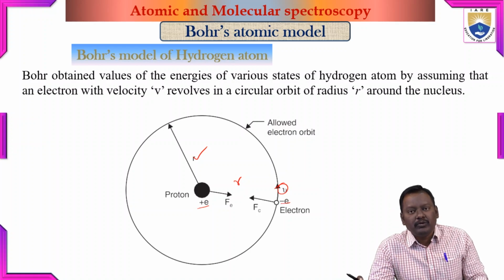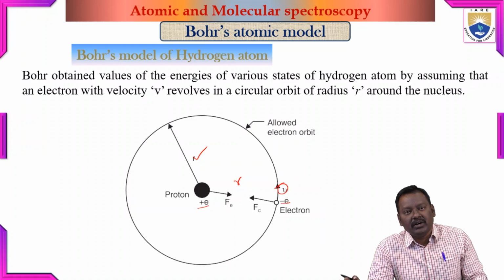Bohr's atomic model is able to successfully explain the hydrogen atom and also single electron atoms like hydrogen, helium plus, lithium plus plus, beryllium 3 plus.